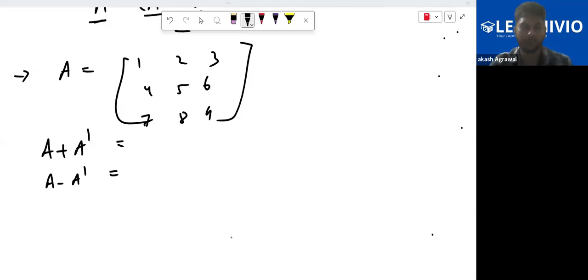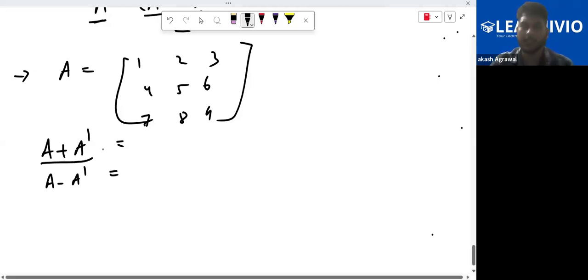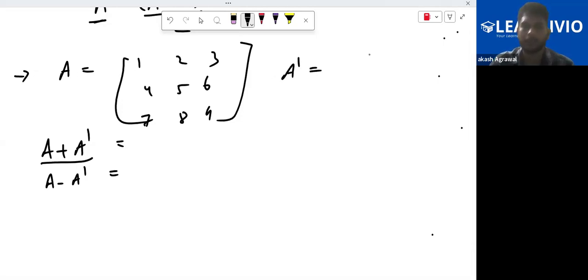So are we only supposed to solve it, or are we supposed to express it as a sum of a symmetric and skew symmetric matrix? No, just find these things, A plus A transpose and A minus A transpose. Yes, sir. Done, sir.